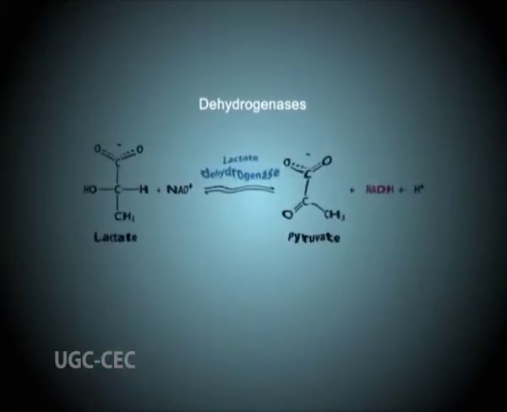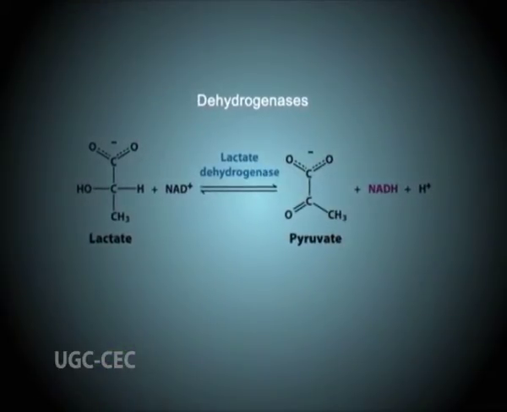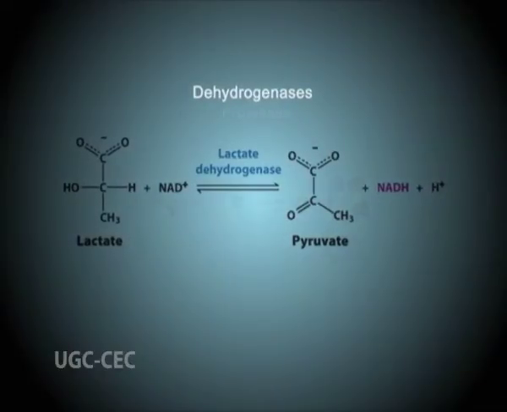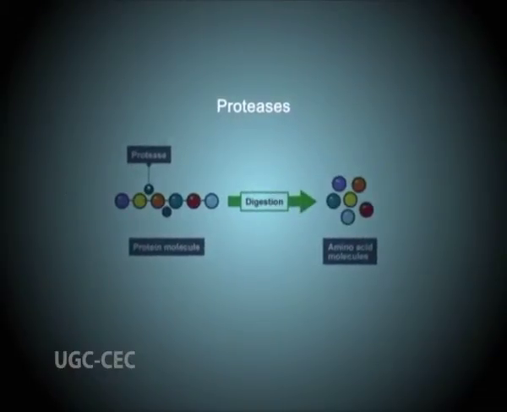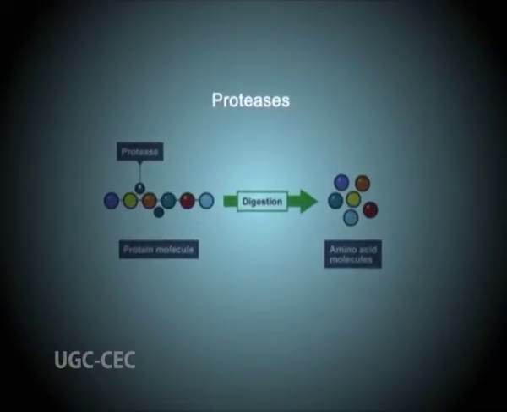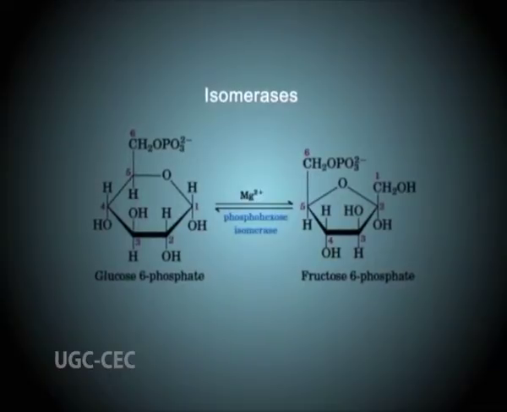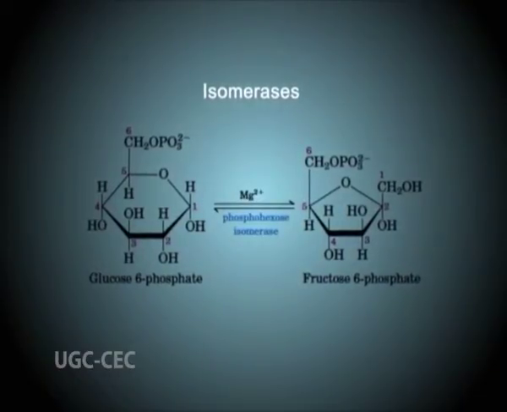In general, an enzyme's name consists of a term that identifies the type of reaction catalyzed followed by the suffix -ase. For example, dehydrogenases such as lactate dehydrogenase, which remove hydrogen atoms; proteases, which hydrolyze proteins; and isomerases such as phosphohexose isomerase, which catalyze rearrangement of configuration.